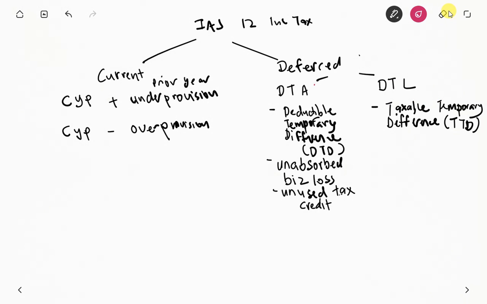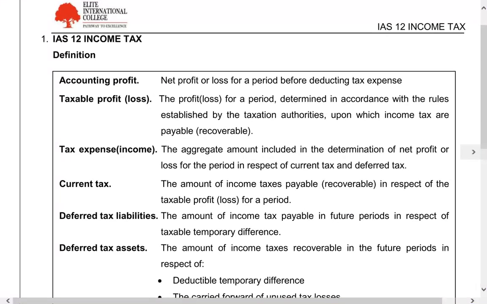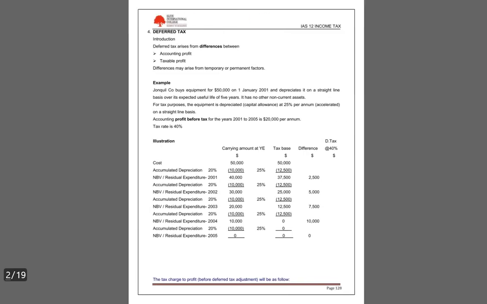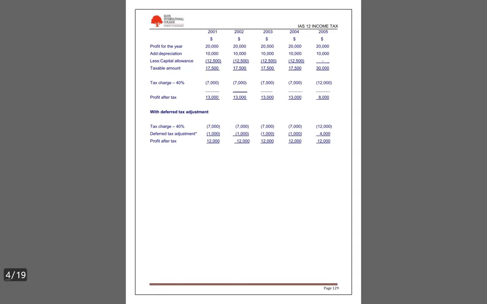So for DTA, we use this here. DTA, deferred tax asset.